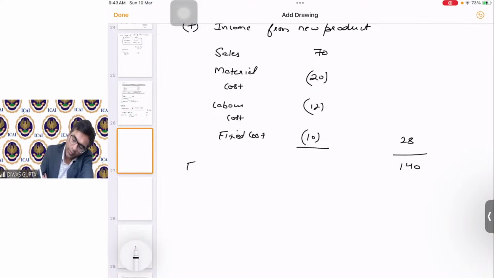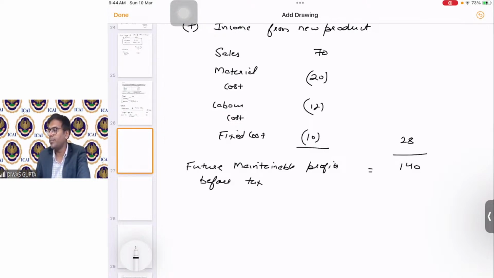So the future maintainable profits before tax is equal to 140.